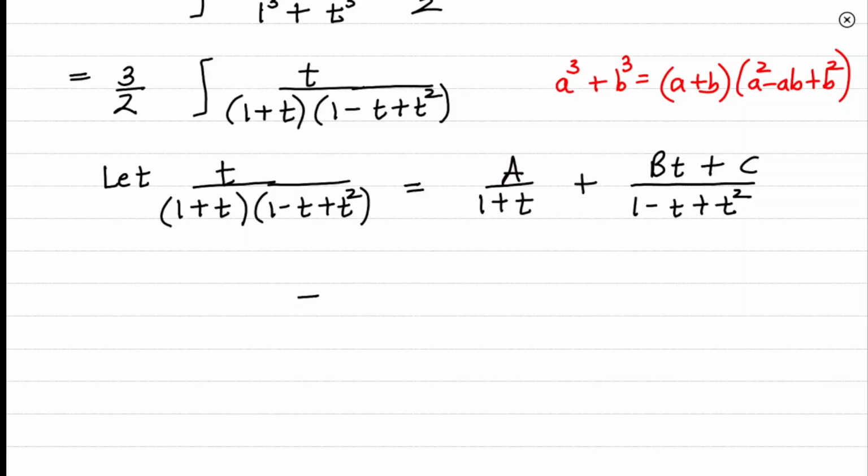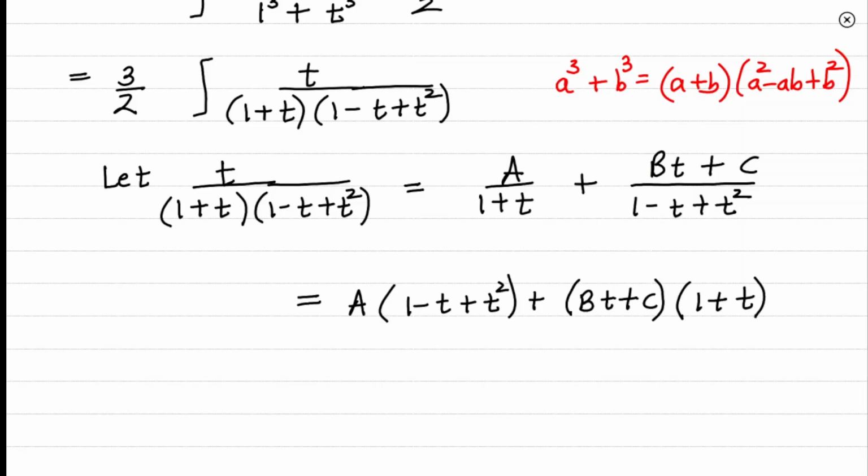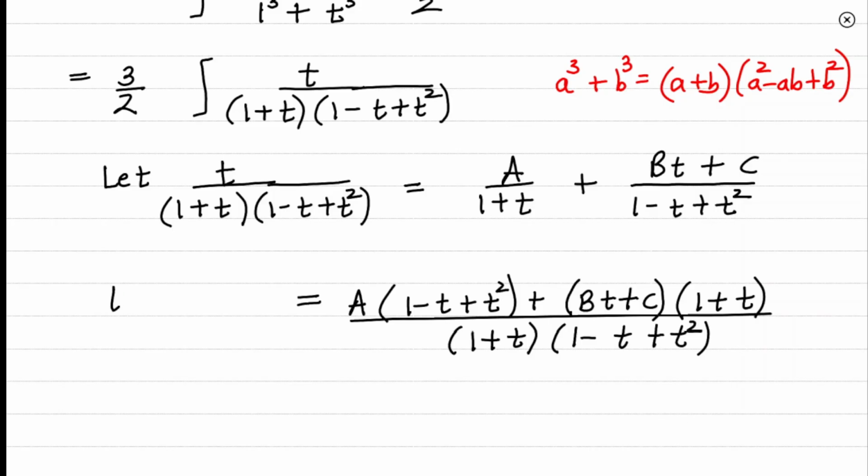We can cross multiply here and we have a times 1 minus t plus t square plus bt plus c times 1 plus t, divided by 1 plus t times 1 minus t plus t square. And on the left hand side, you have t divided by 1 plus t times 1 minus t plus t square.